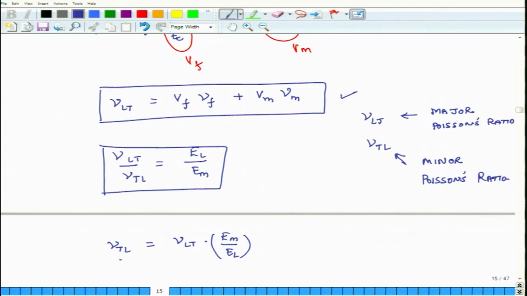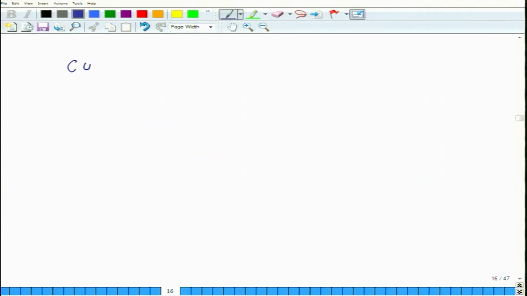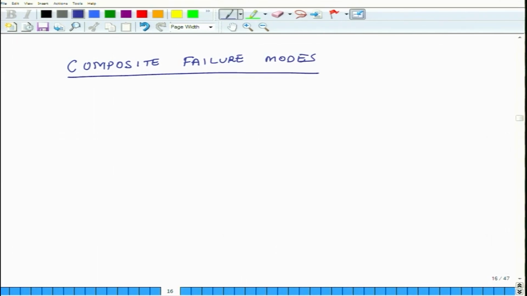Next, what we will start discussing are composite failure modes. Okay. So, what will we cover in this? So, first thing is that the discussion on composite failure modes will be primarily subjective in nature.